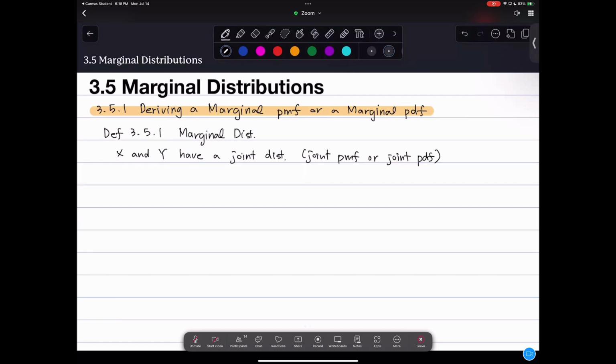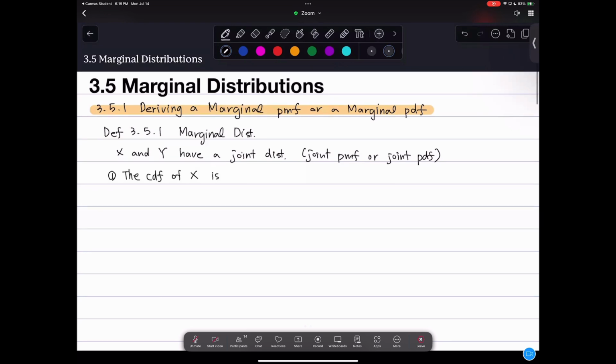The marginal is, look at it alone. So I have this CDF already. The CDF, the cumulative distribution function of one of the variables alone, x alone, that's called a marginal CDF.